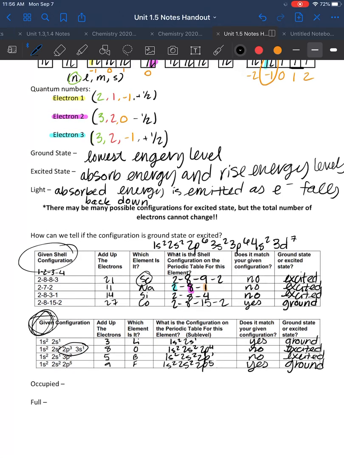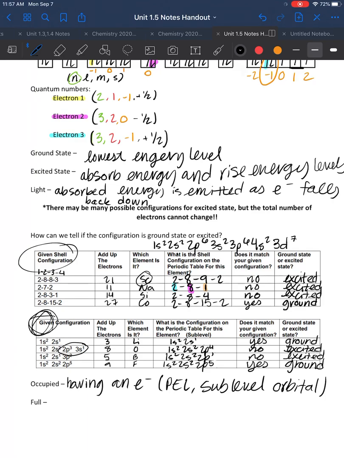And I just wanted to give you guys a couple definitions here. So occupied would be just having an electron, and this can be for your principal energy level, sublevel, or orbital. So if there's at least one in there, it's occupied. It's full.